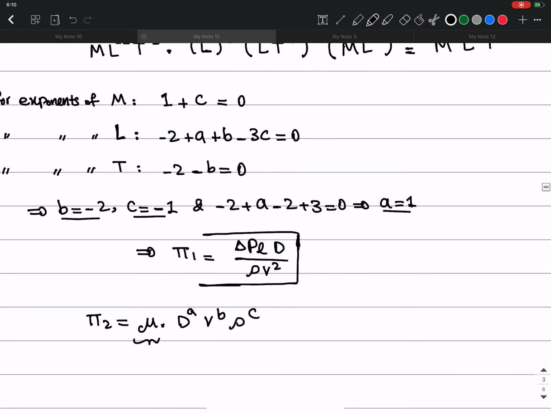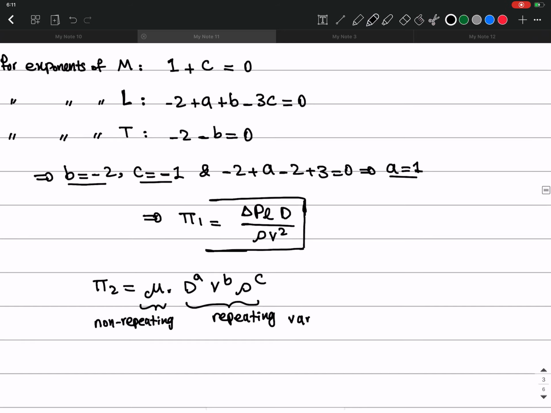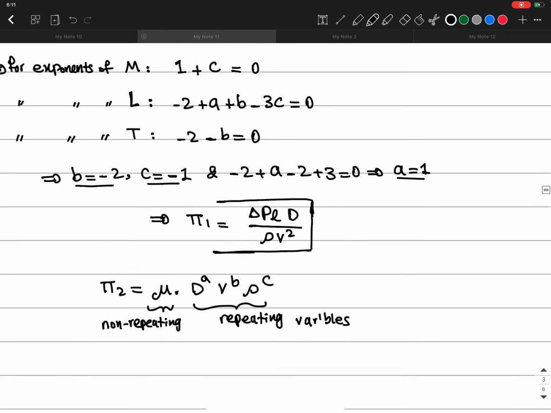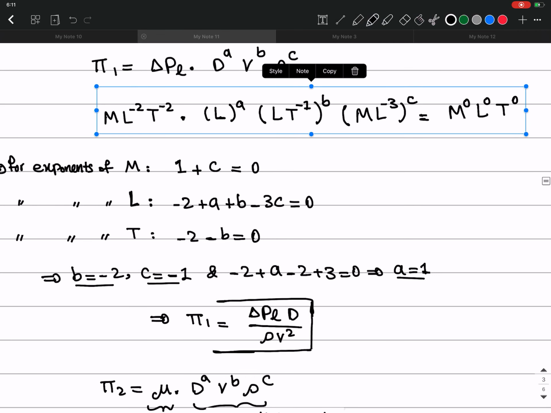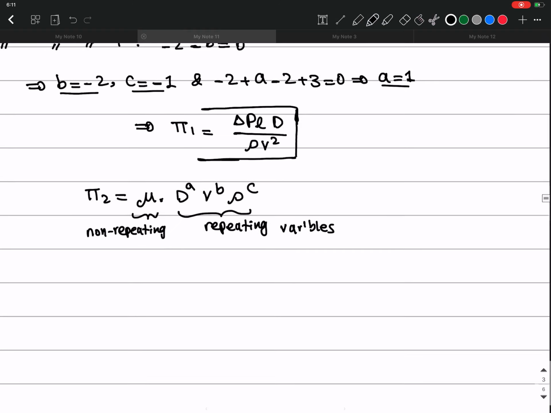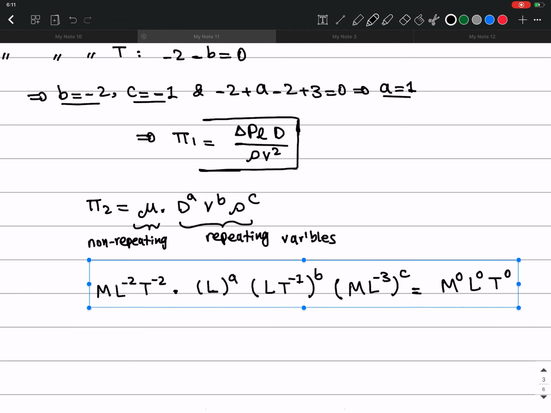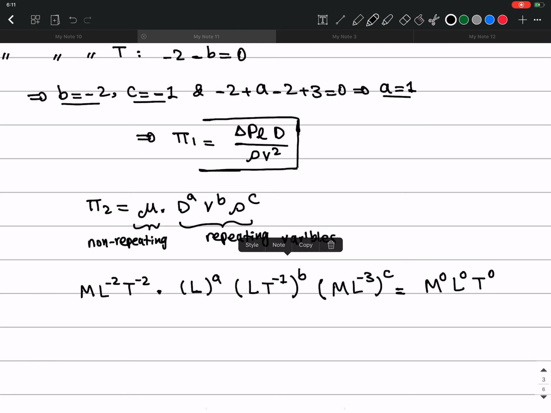So mu is non-repeating, and these are all repeating variables. So now I can write this again, but only the dimension of the first term is going to be different.